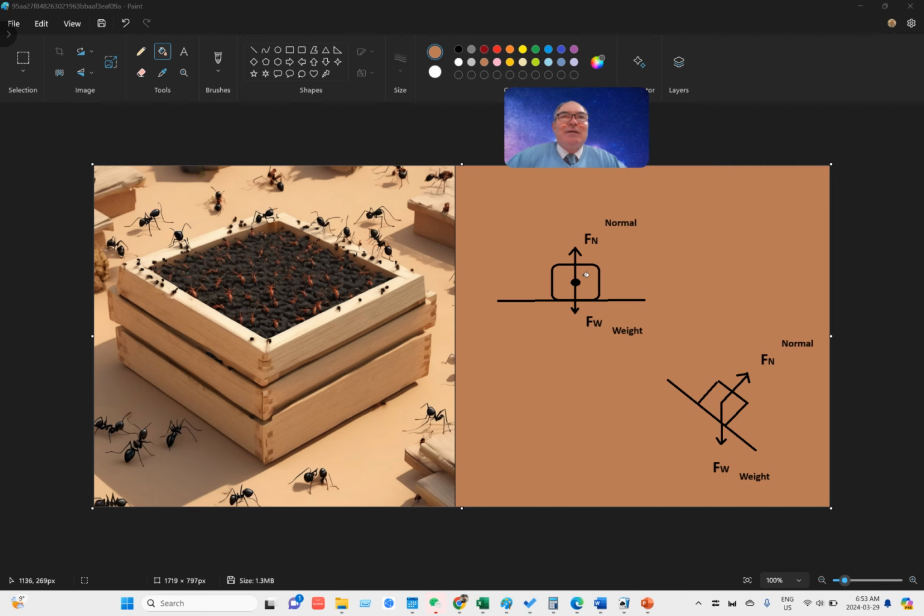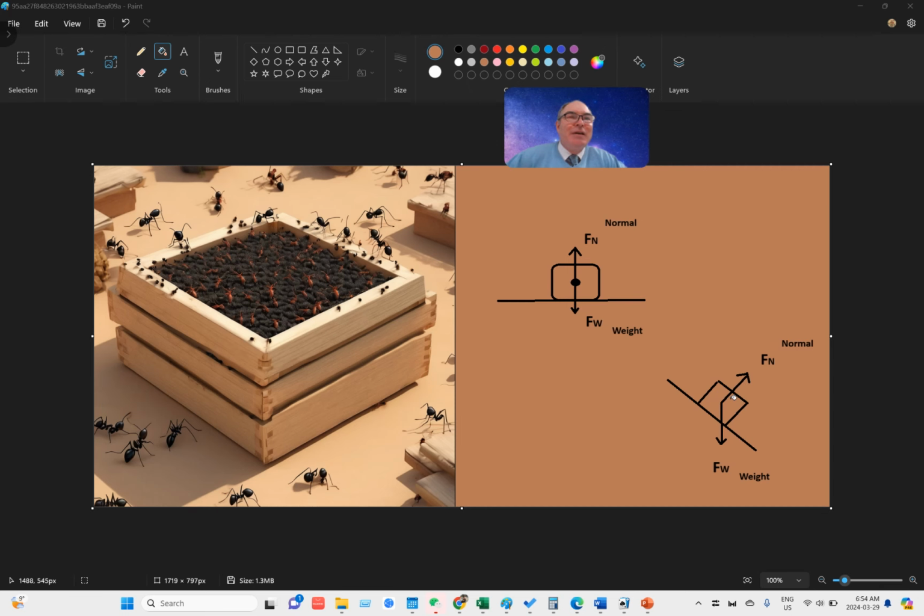To further talk about what we mean by normal: normal forces always point perpendicular to the surface that they're on. So I drew this box again in case we wanted to tip the box of ants. In this case, the force of gravity, the weight force, is always going to point down, but the normal force, again always perpendicular to the surface, points this way. Now these forces aren't really balanced.